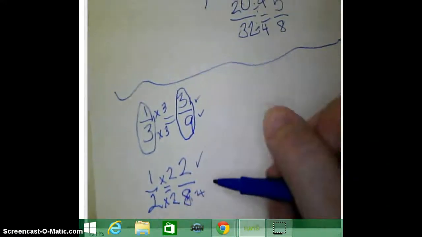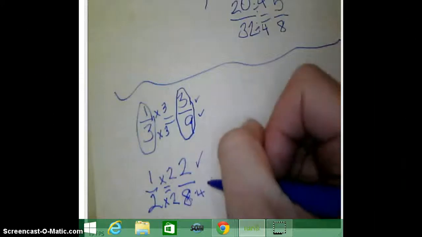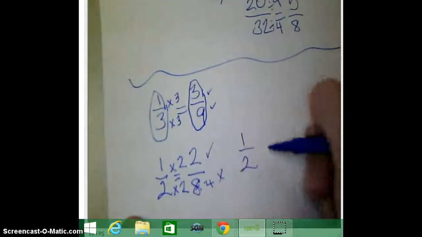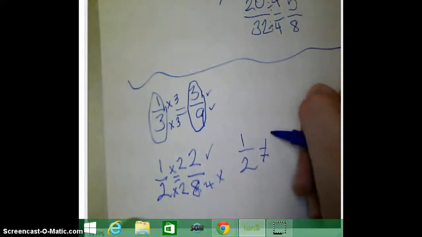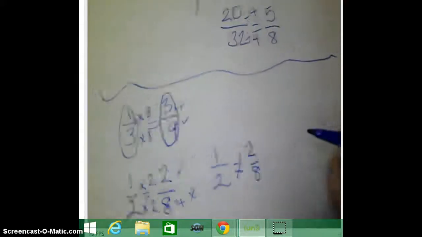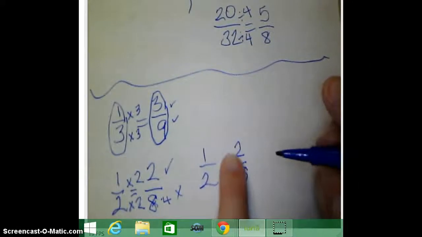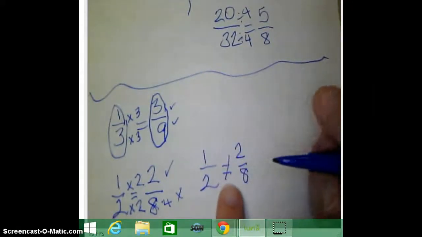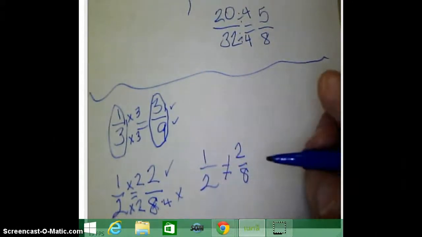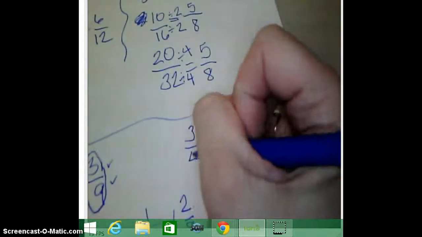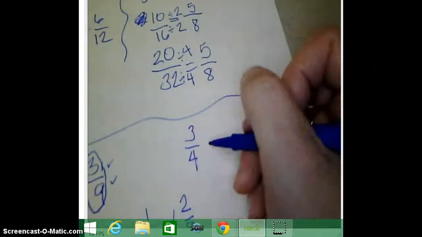So, nope, this is not equivalent. So I'm going to put a little X and say 1/2 is not equivalent or equal to 2/8. And remember, in math, you can always say something's not equal by putting an equal sign and then that slash. It's not equal.